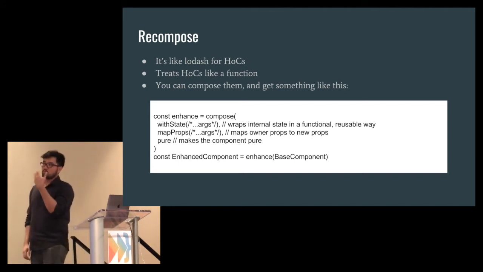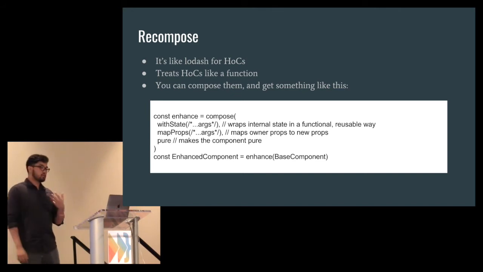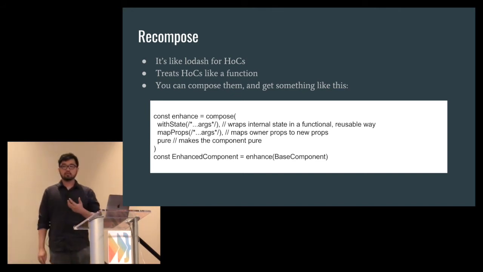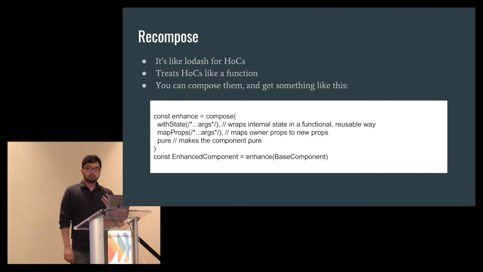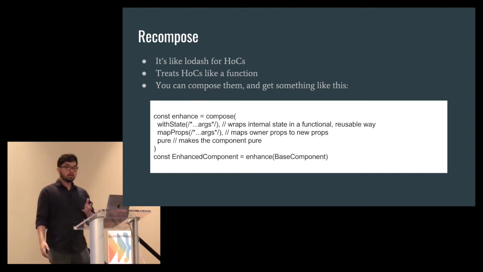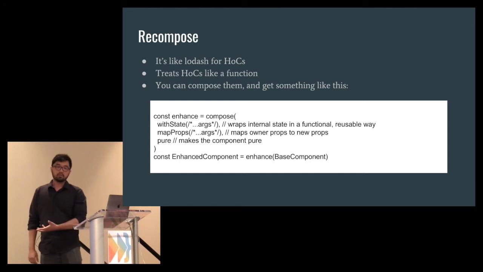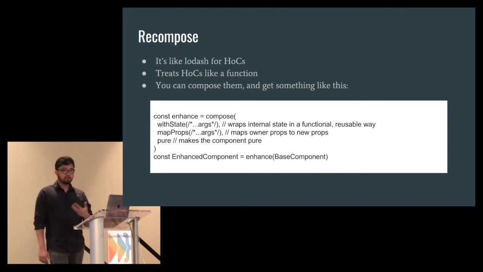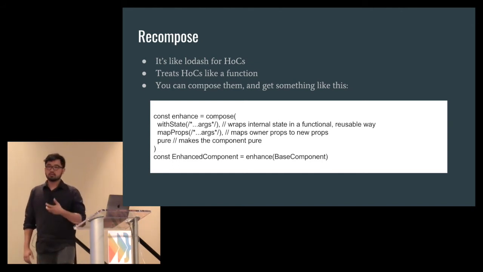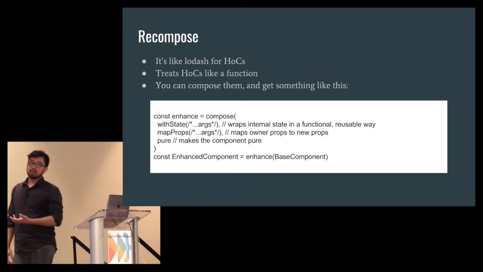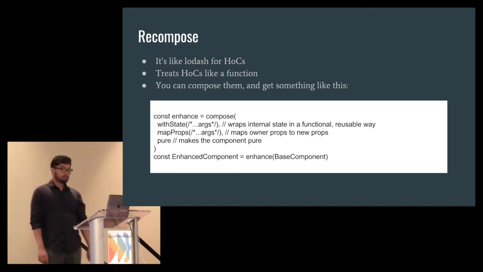With Recompose, you can chain these HOCs, as many as you want. At the end, all the shared functionalities get combined into a single component, and you can render it. That's how we can reuse functionalities in React.